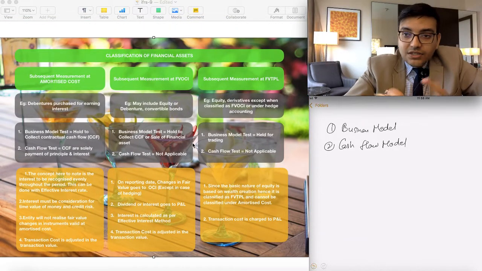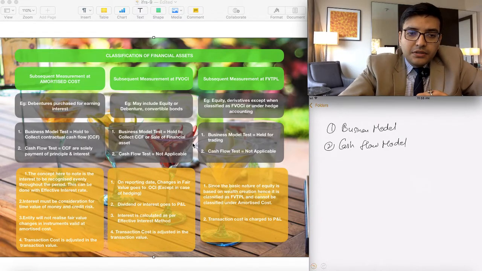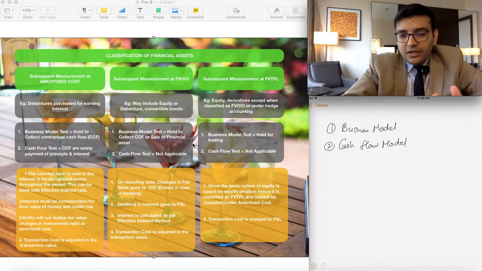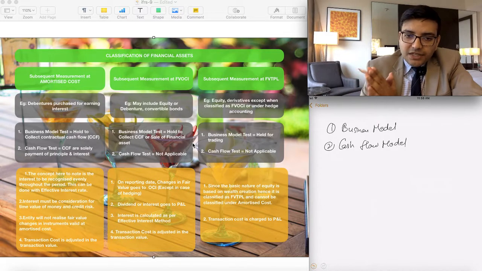Now we have to understand it practically. You're thinking about how to calculate effective interest, and how to account for it. But that's why I told you in the beginning, we're talking about classification. That accounting will come under recognition and measurement, so please hold on till then.